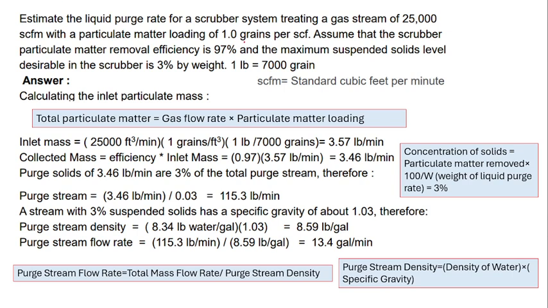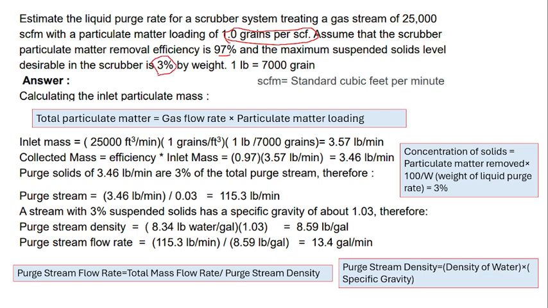Next question is to estimate the liquid purge rate for a scrubber system treating a gas stream of 25,000 SCFM with a particulate matter loading of 1 grain per SCF. Assume the scrubber particulate matter removal efficiency, eta, is 97% and the maximum suspended solid level desirable in the scrubber is 3%.